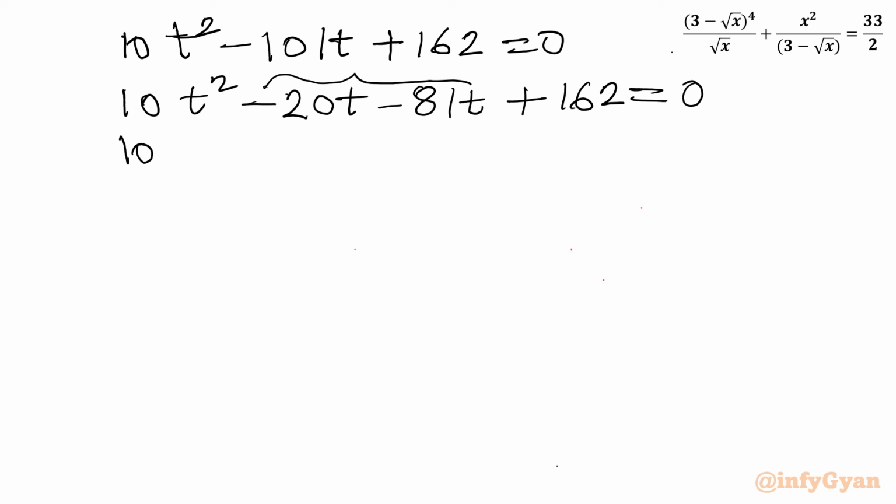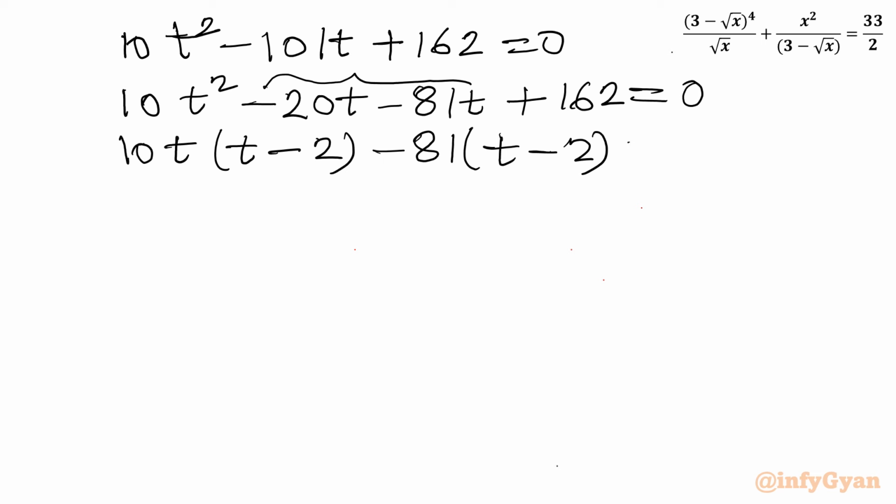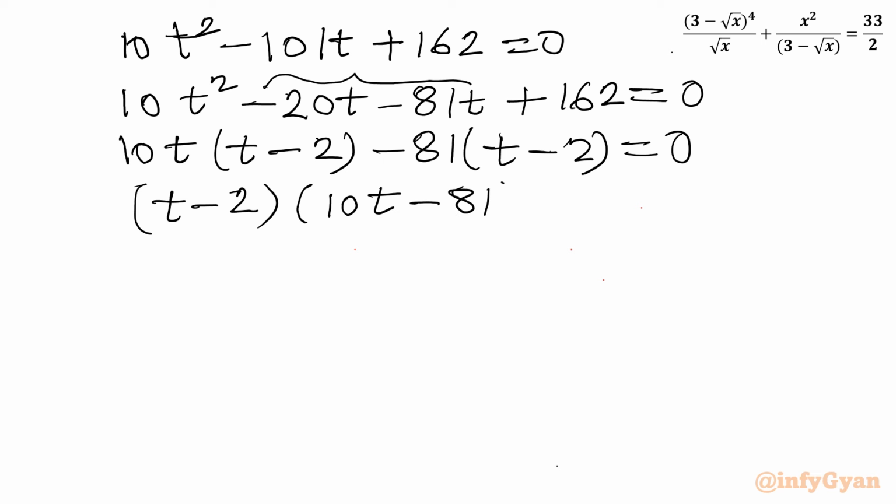Now from the first two, 10t is common, so I will write t minus 2 in the bracket. From the last two, minus 81 is common, t minus 2 will be left in the bracket. So overall factorization is done: (t minus 2) times (10t minus 81) equal to 0.